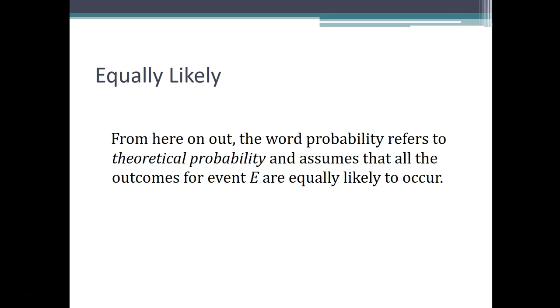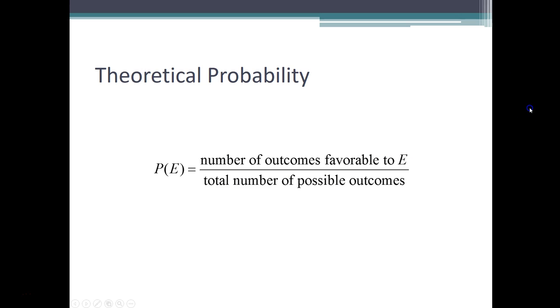Like if you flipped your coin infinite times, what should your probability be? You know, if you looked at infinite veterinarian's offices, what would be the probability of the next animal being a dog? The theoretical probability takes the number of outcomes favorable over the total number of possible outcomes.